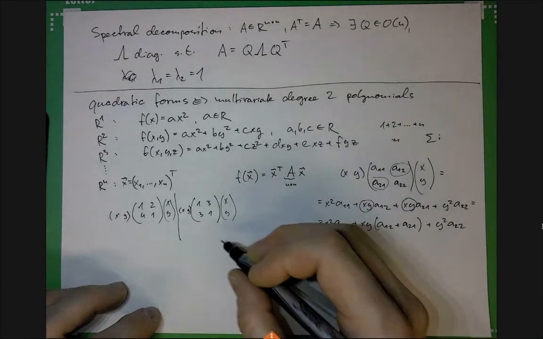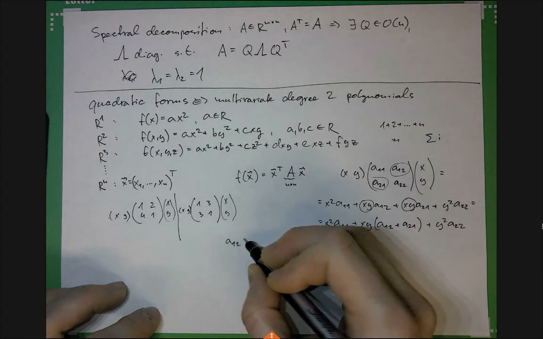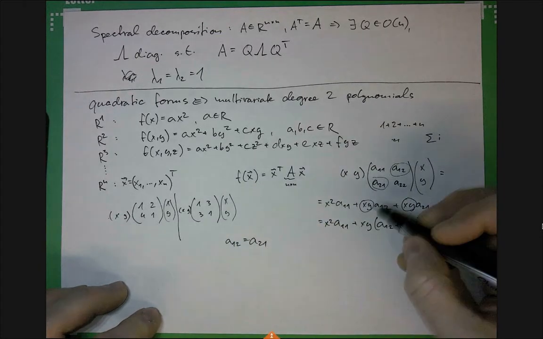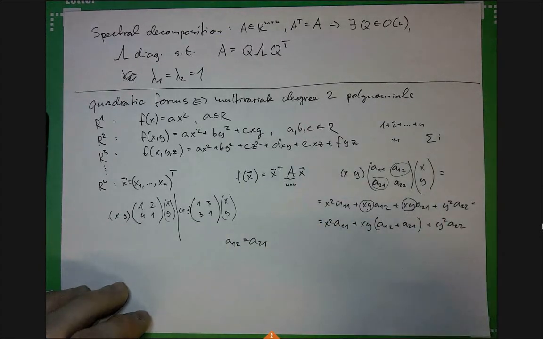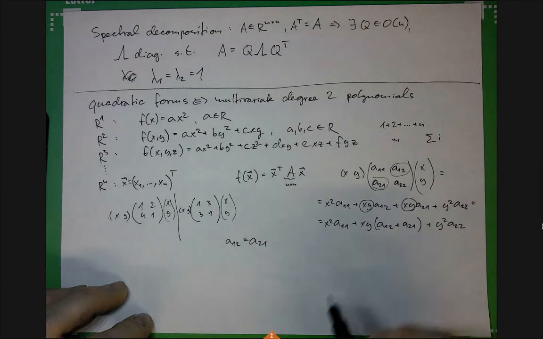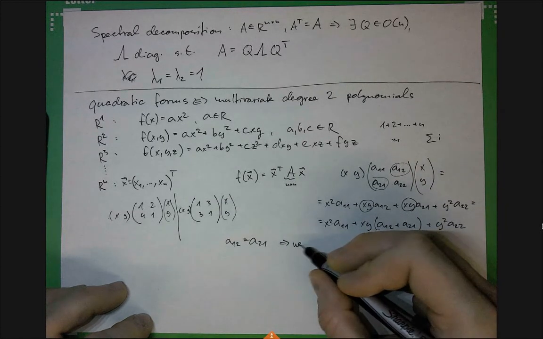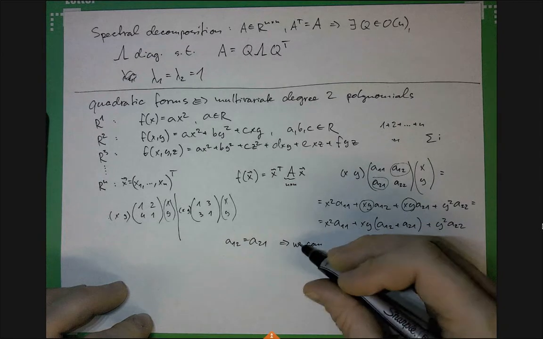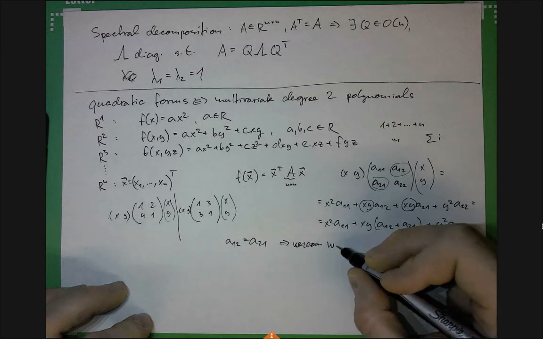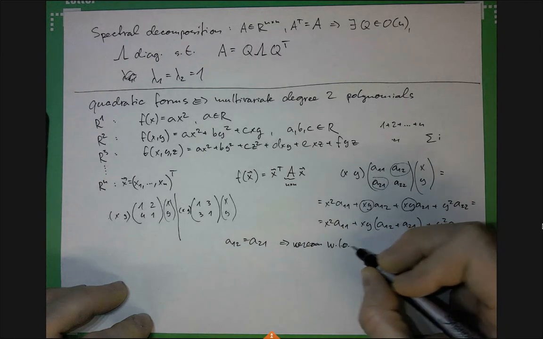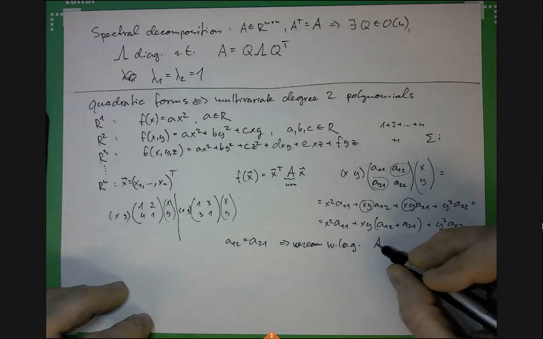And if I split them equally, that's equivalent to saying that A12 is equal to A21 in the case of 2 by 2 matrices. We can use an even split rather than some other arbitrary split. So that means we can assume, without loss of generality, A is symmetric.